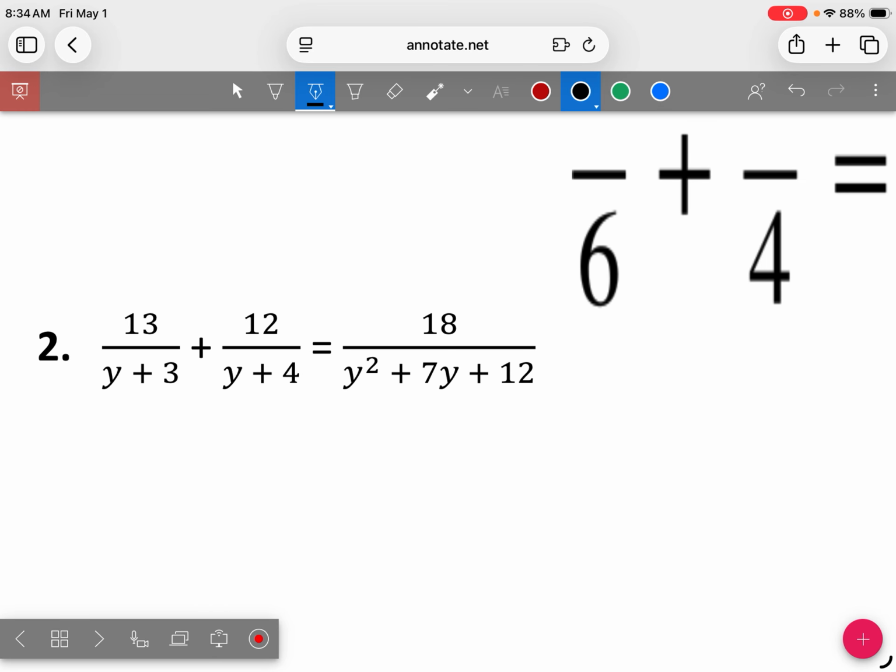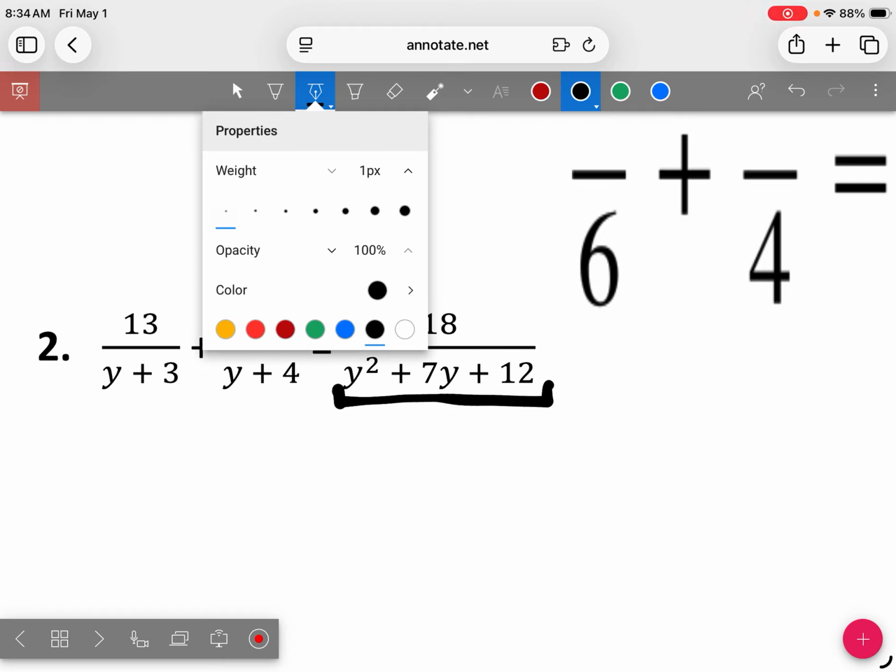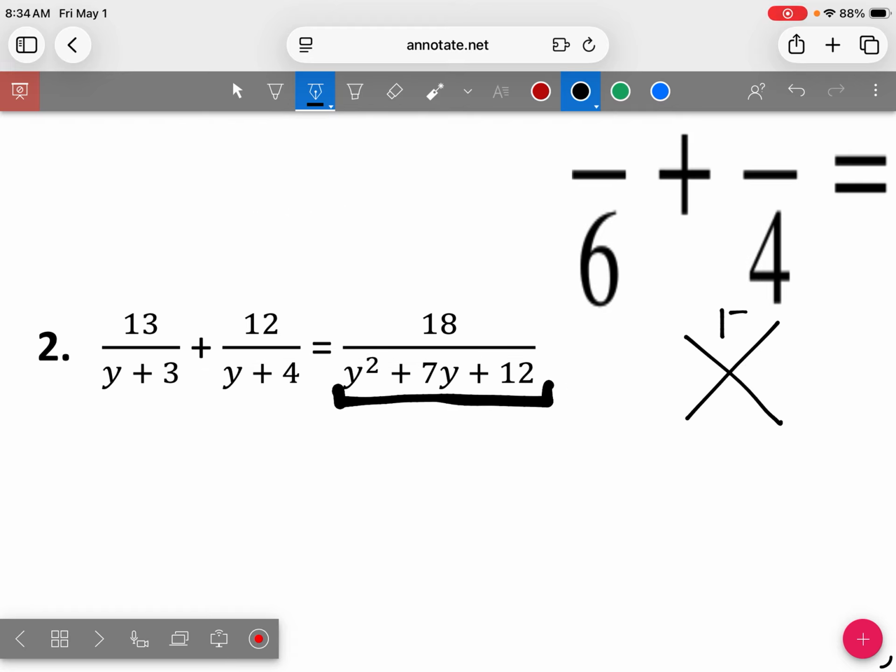First step we're going to do is factor this down. You need 2 numbers to multiply to 12 and add to 7. Don't say it out loud. Give everybody a chance. 2 numbers, multiply to 12, add to 7.